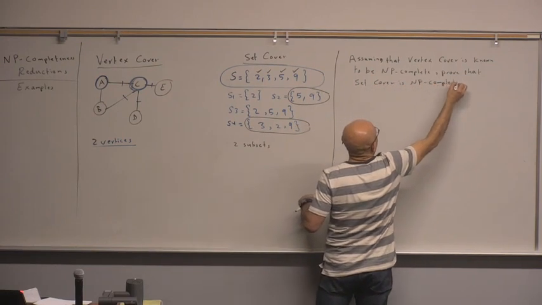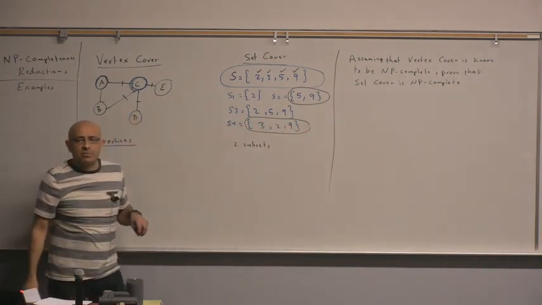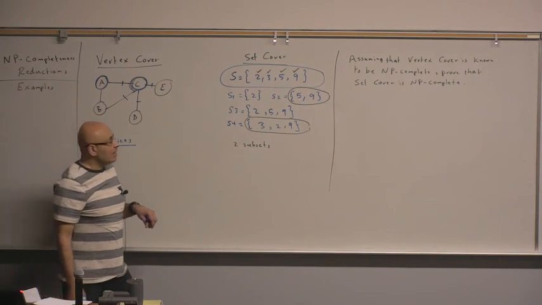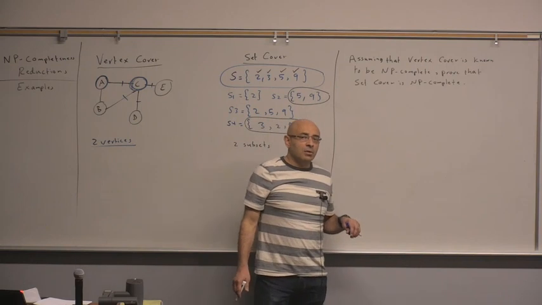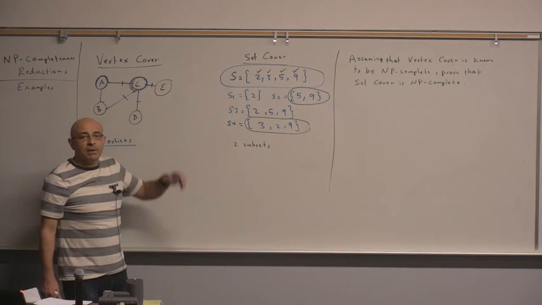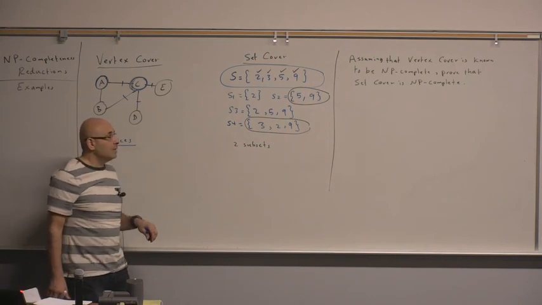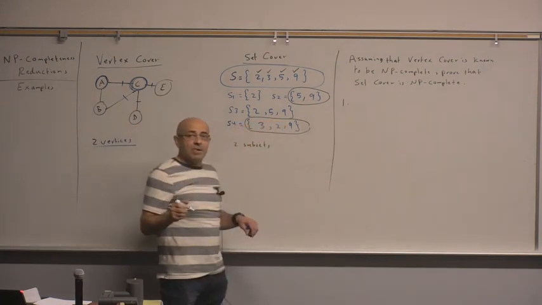And you mean the decision form of both of these? Yes, we always work with the decision form because only the decision form can be NP-complete. The optimization form will be NP-hard, right? Only the decision form can be NP-complete. So yes, it's implied always that we are referring to the decision form of the problem. So step number one is what?